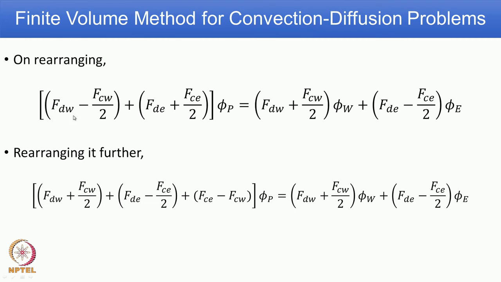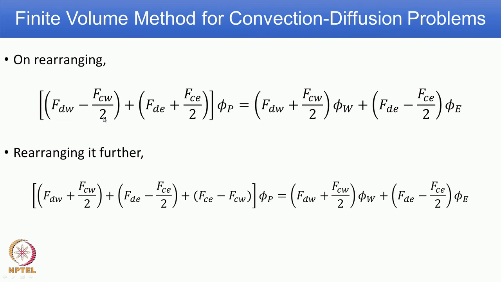So, this F_D w is retained and we would like to have F_C w by 2 with the minus sign. So, what do we do? We add the full F_C w term and then subtract. So, eventually this F_C w by 2 positive and minus F_C w which is added newly will result in minus F_C w by 2.